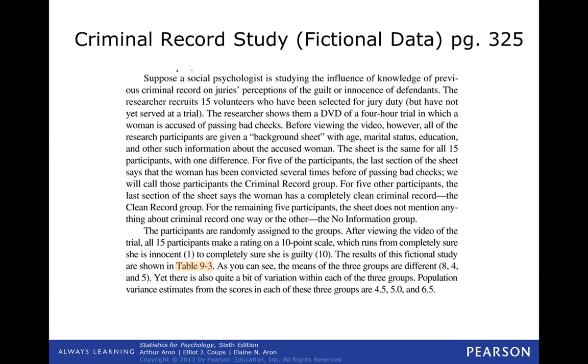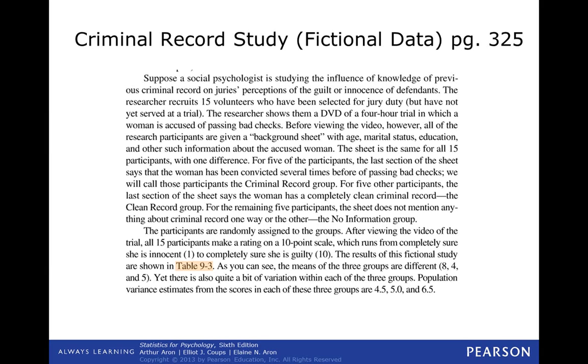We'll call this the clean record group. For the remaining 5 participants, the sheet does not mention anything about criminal record one way or the other. We'll call this our no information group. The no information group is used similar to a control group. The participants are randomly assigned to groups.